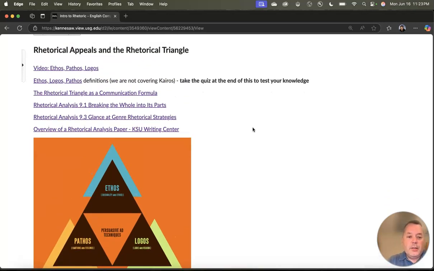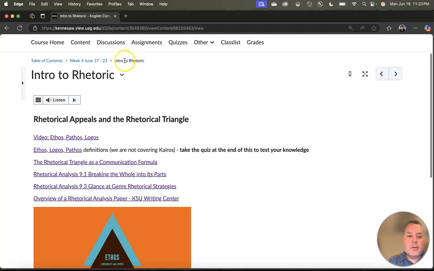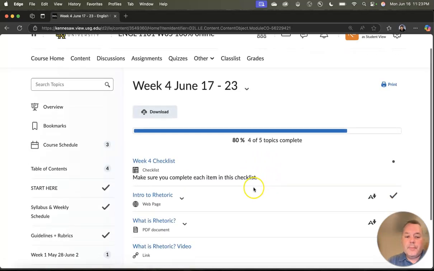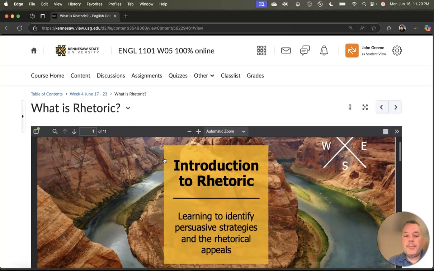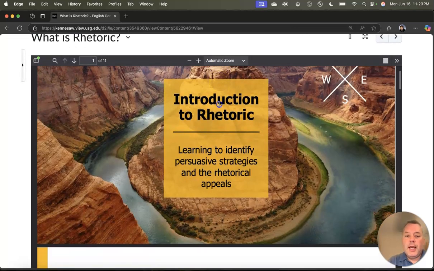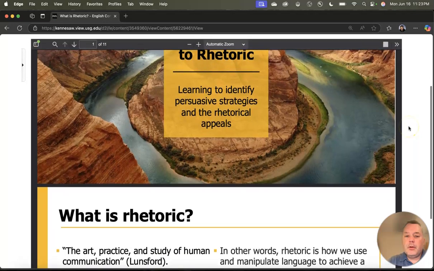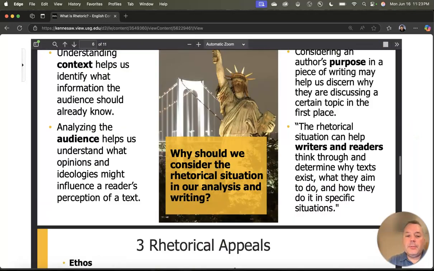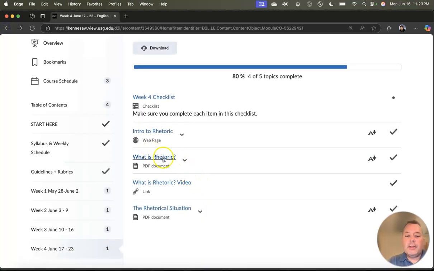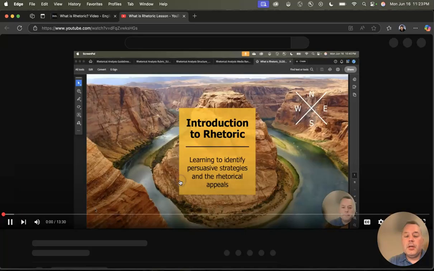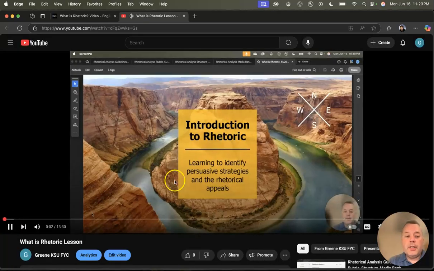All right. So that is one part of the module, and then this is a PowerPoint that's in PDF form, and I will not spend time on this, but that's what this is. I have a video. You can look at it in static form, or you can do both. You can look at the video version of this.